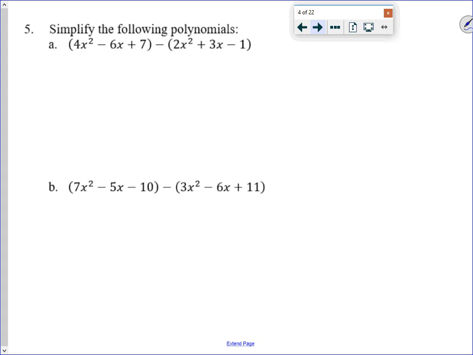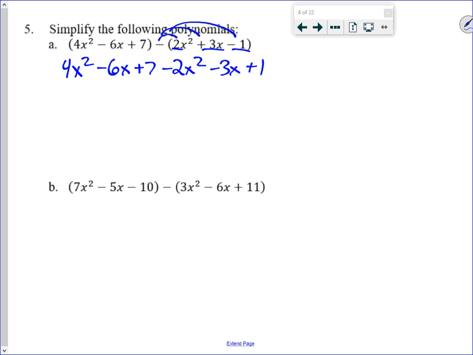All right, so when we subtract polynomials, you have to distribute the negative. So this is 4x squared minus 6x plus 7 minus (2x squared minus 3x plus 1). The signs of everything inside the parentheses change. Then we just combine like terms.